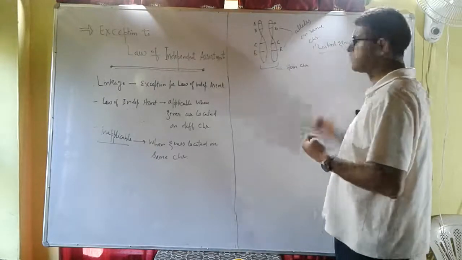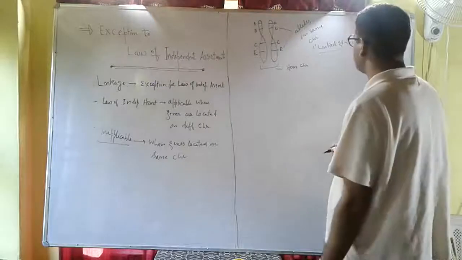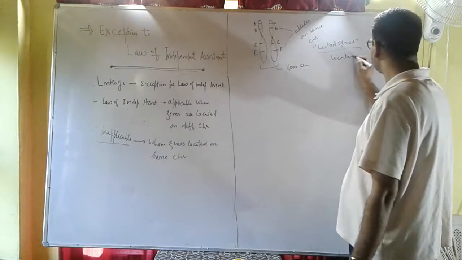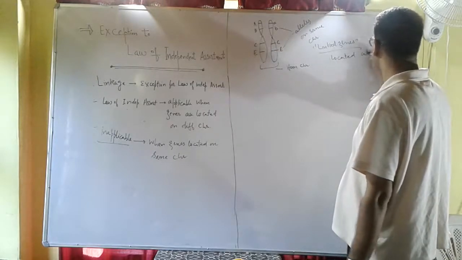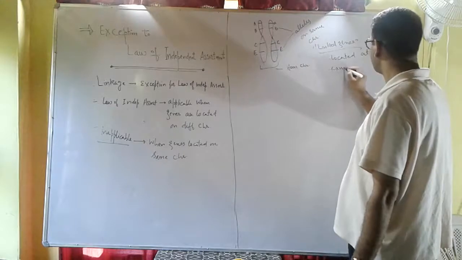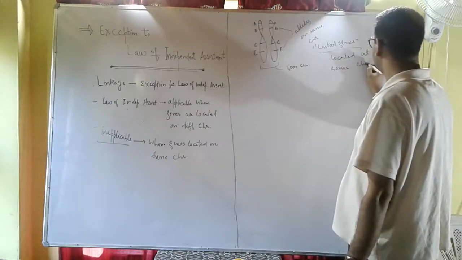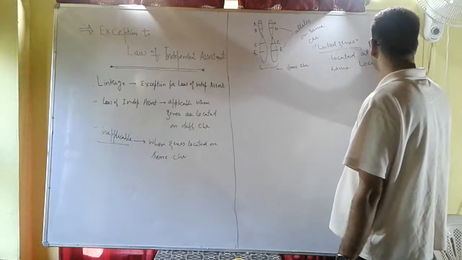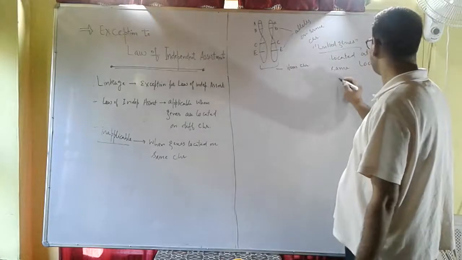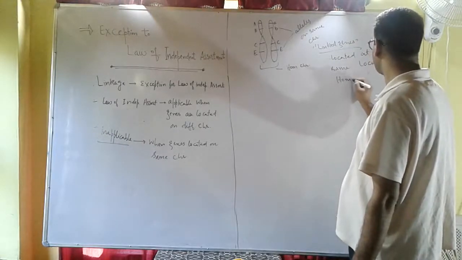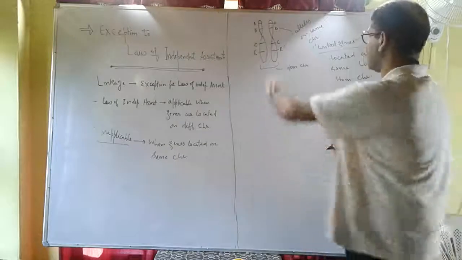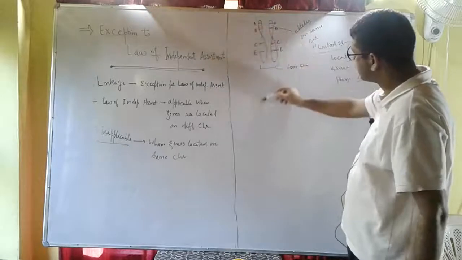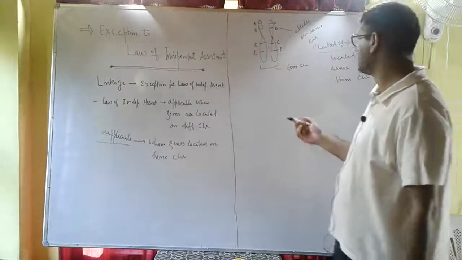Linked genes are those genes which are located at the same locus on the same chromosome, on homologous chromosomes. These alleles are inherited together, and they would show linkage.